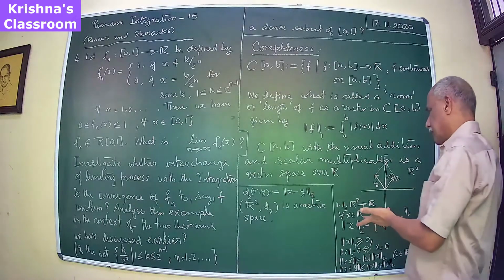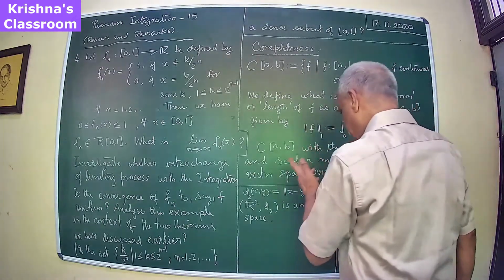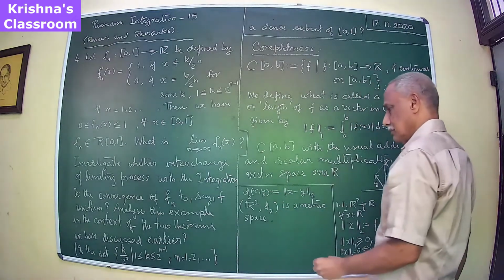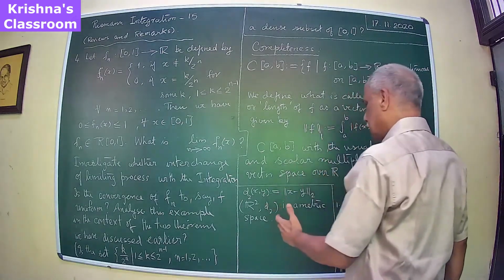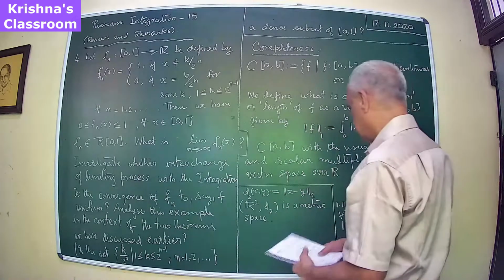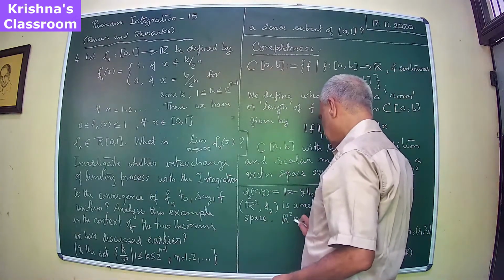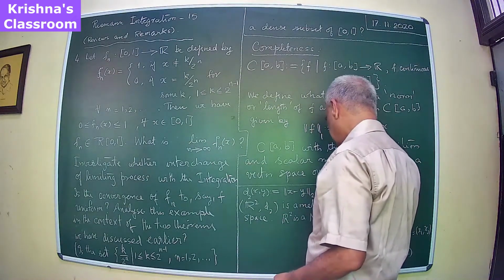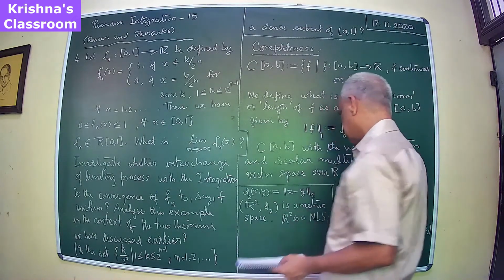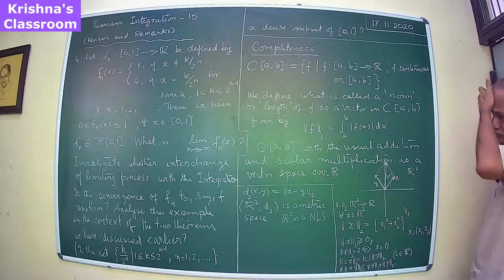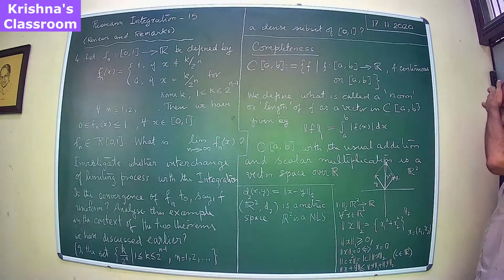It's a vector space, it has a norm on it, so it's a normed linear space. So R2 is a normed linear space. And every normed linear space is a metric space.